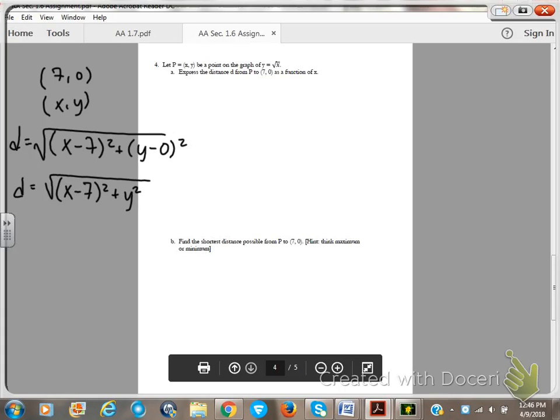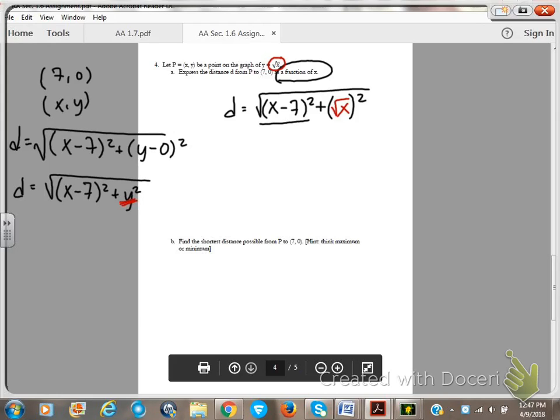x is the only variable we want in the equation because it says as a function of x, so we can replace y with the square root of x. Our equation will look like d equals the square root of (x minus 7) squared plus, now instead of y, we're going to write down the square root of x, squared.